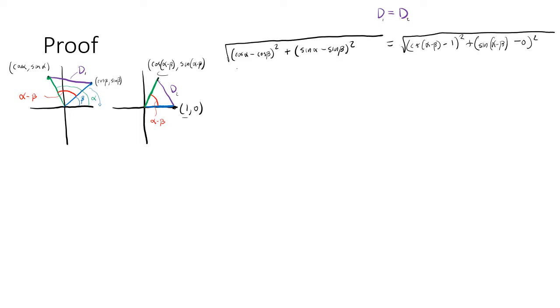We're going to square both sides of this equation, effectively just getting rid of the square root sign, and we will continue on as if the square root sign didn't exist, because it doesn't. So now we're going to square this quantity and square this quantity.